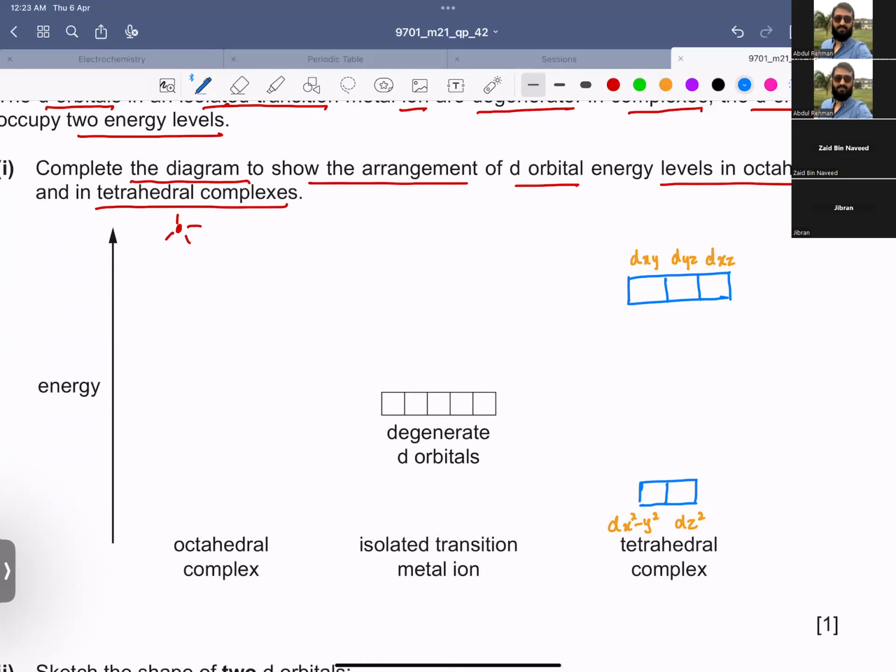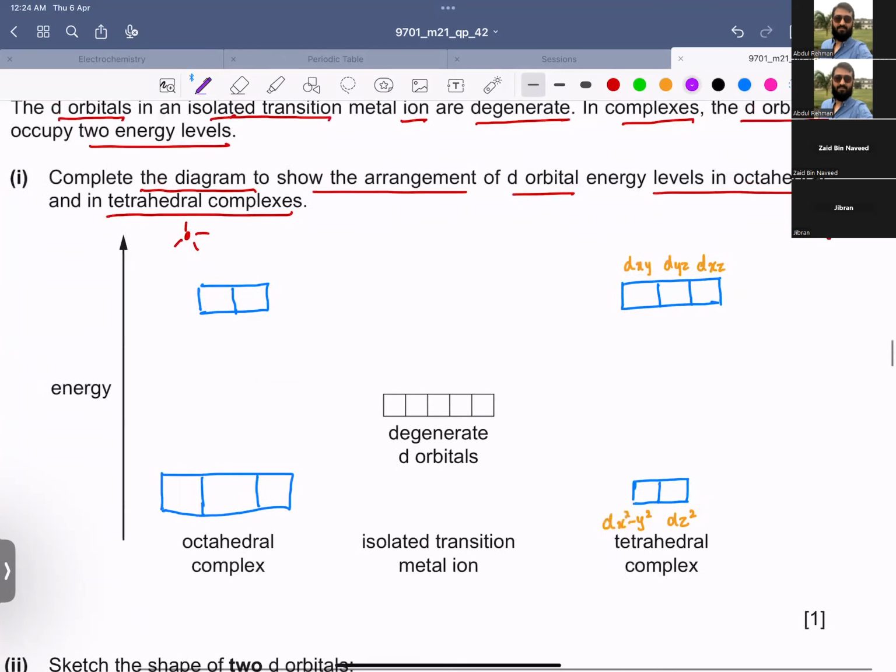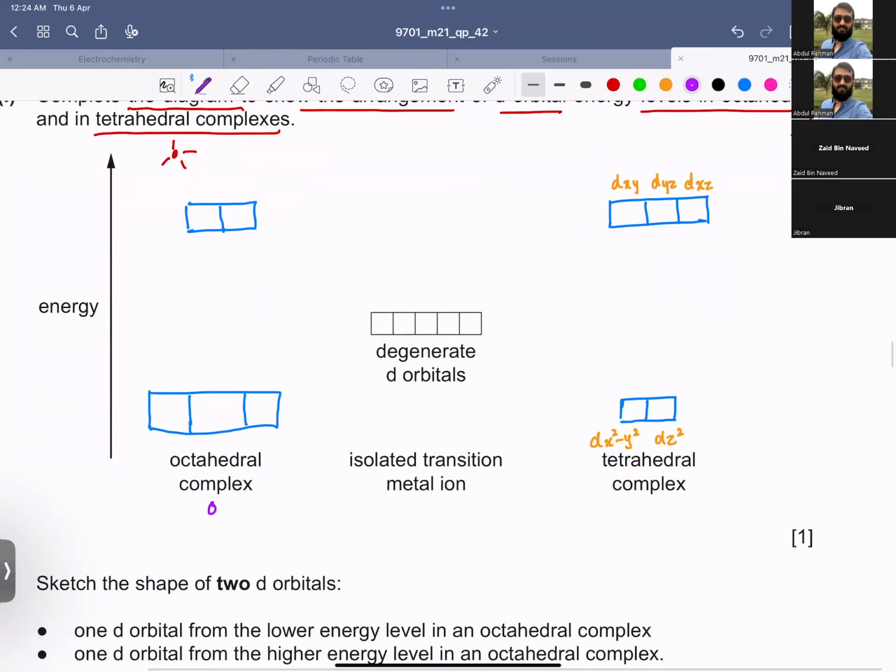In octahedral complex, the orbitals which are on the axis have a higher energy, and the orbitals which are between the axes have lower energies. Okay. One more important thing. This same splitting goes with the square planar complexes as well.